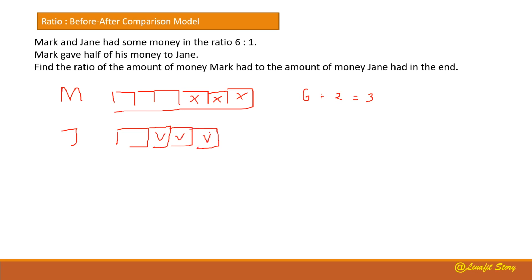So now the ratio of the amount of money Mark had to the amount of money Jane had in the end: Mark now is only 3 units while Jane equals 4 units. So the ratio was 3 to 4.